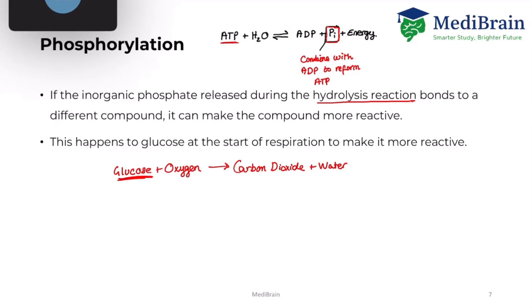In order for it to become reactive, this inorganic phosphate that we have lost from ATP can go on and combine with glucose and make the glucose much more reactive. And that means respiration can happen at a much quicker rate.